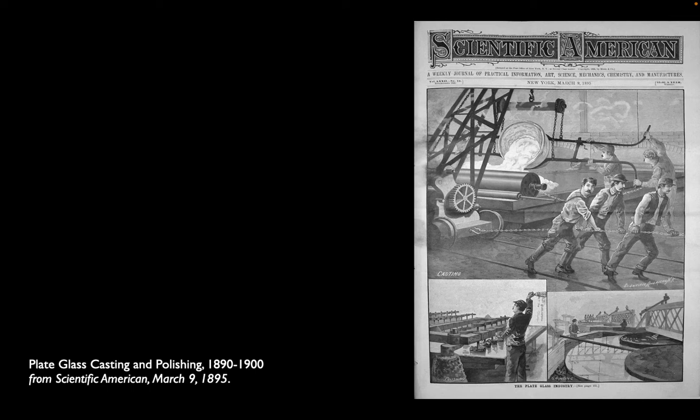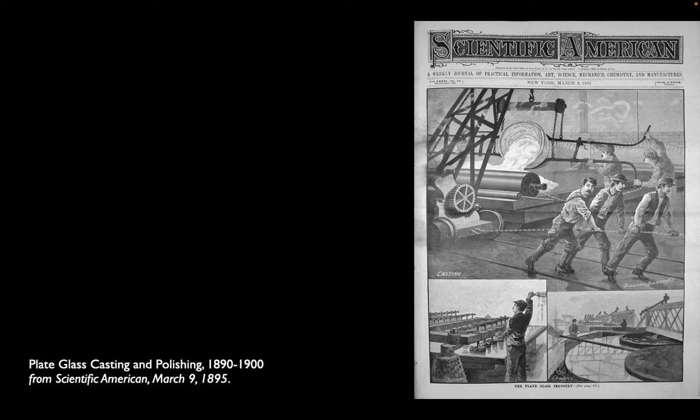You can see on the right that while it's still a labor-intensive process, by the 1890s, the casting process benefits from new machinery. So using iron to make the tables, to make the cranes that lift the buckets. And then on the lower woodcuts, you can see that the grinding and polishing methods get powered increasingly first by steam and then eventually by electricity.